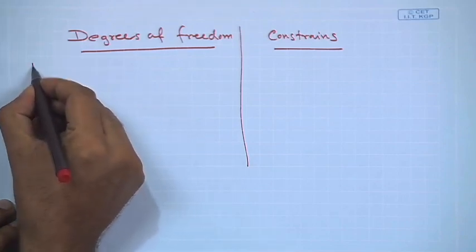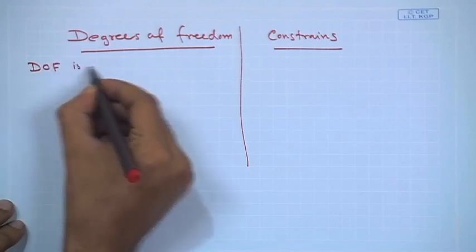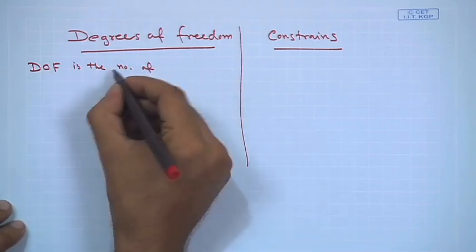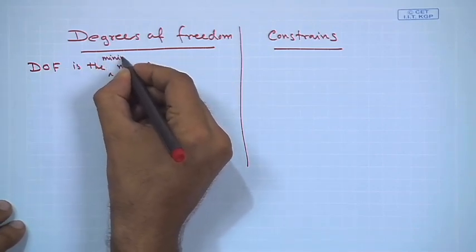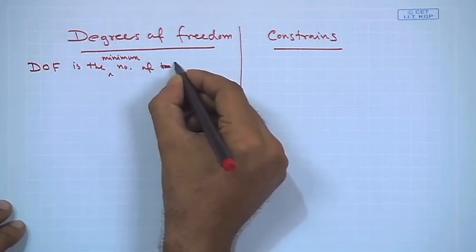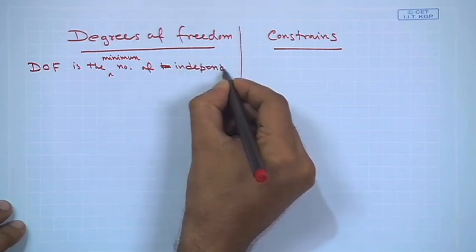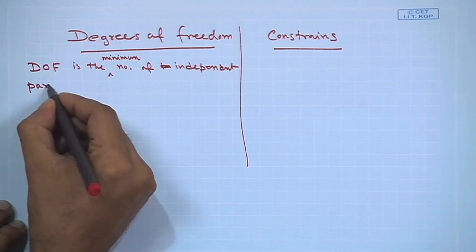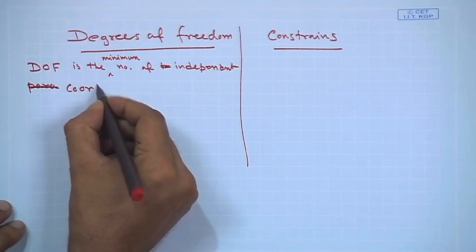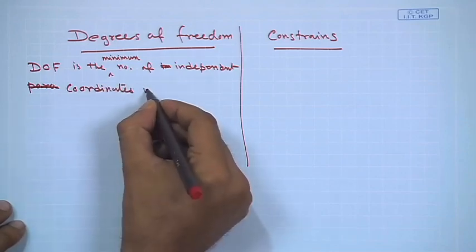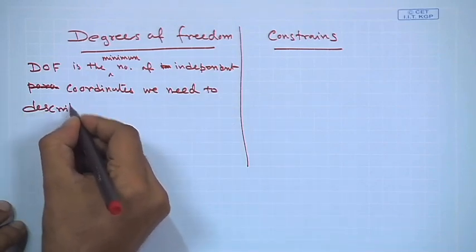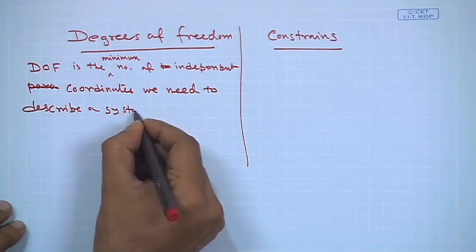Degrees of freedom, we also call it DOF, is the minimum number of independent parameters, or rather I will call it coordinates, we need to describe a system.